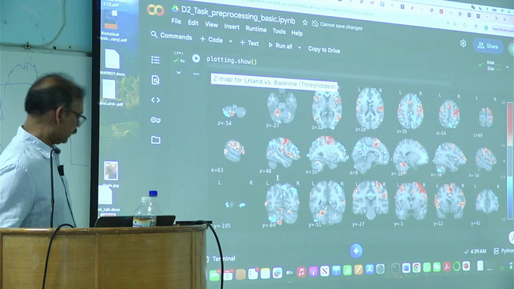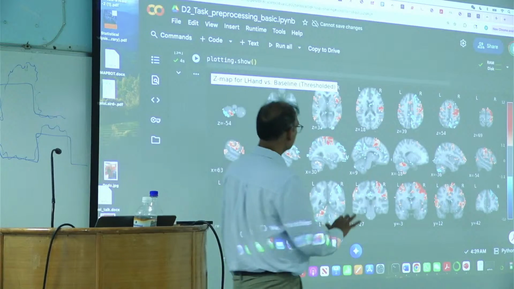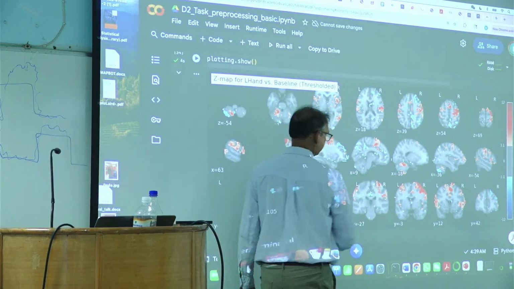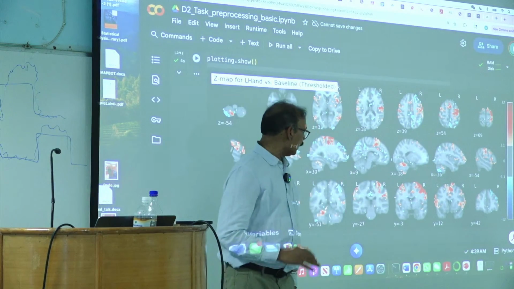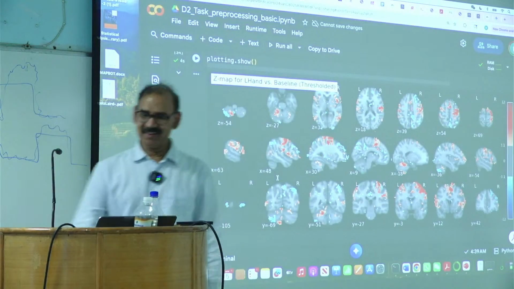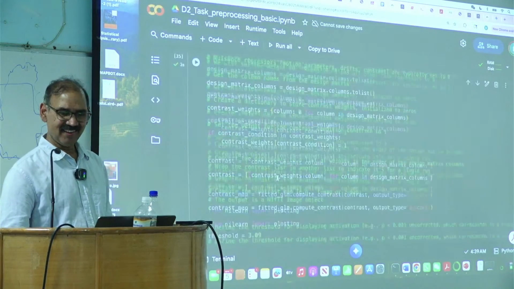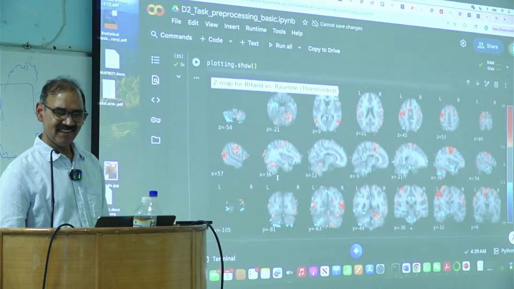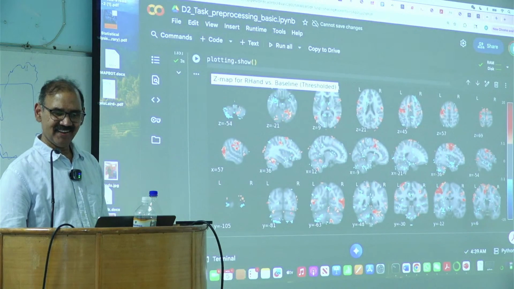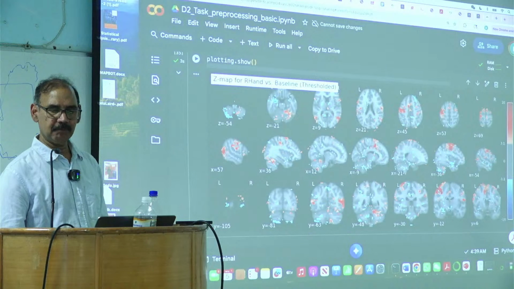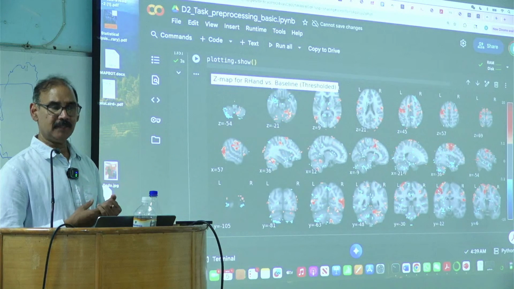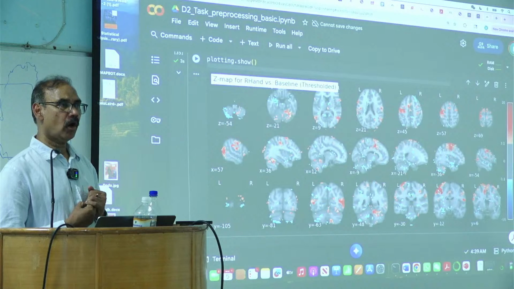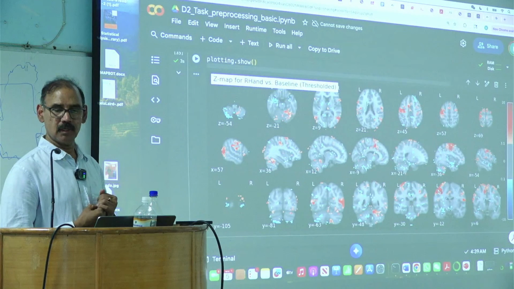Look at these figures, and then look at the right hand. Do you observe anything odd in these figures?